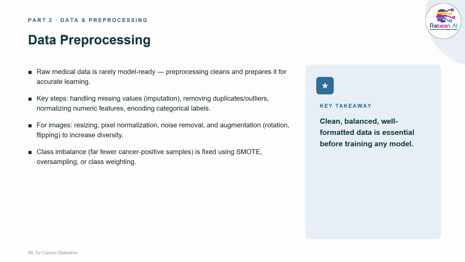In real data sets, healthy patients vastly outnumber cancer patients. So, we use techniques like SMOTE to synthetically balance the classes so the model doesn't just learn to always guess healthy. Here, SMOTE stands for Synthetic Minority Oversampling Technique.